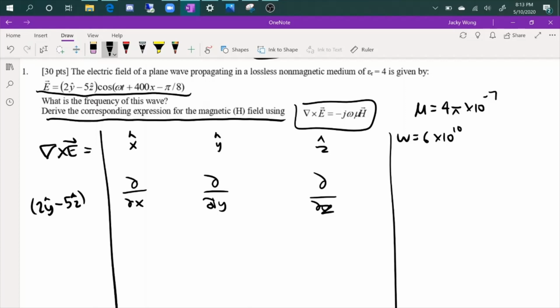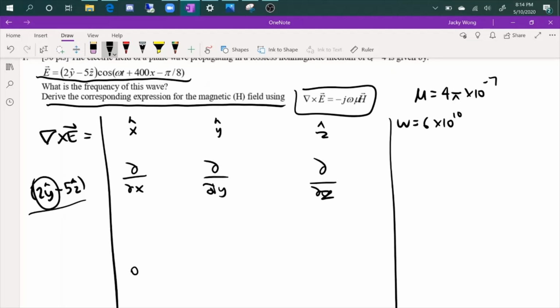There is no x component, so that is 0. For the y, we see that there's 2y, so the magnitude is 2: 2 cosine omega t plus 400x minus pi over 8. Finally, for the z term, we have negative 5 cosine omega t plus 400x minus pi over 8.